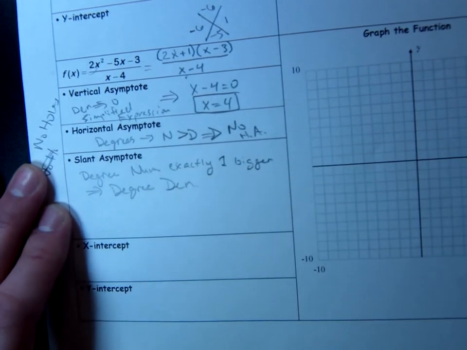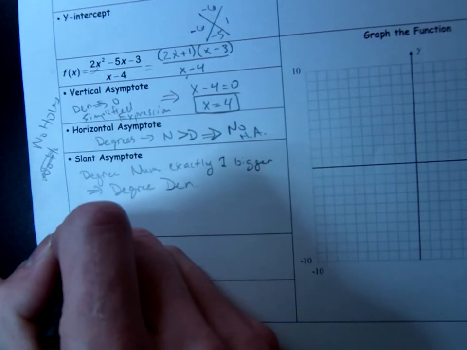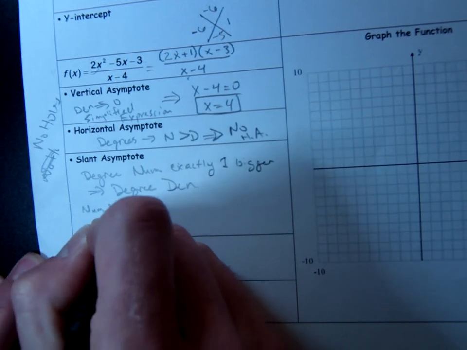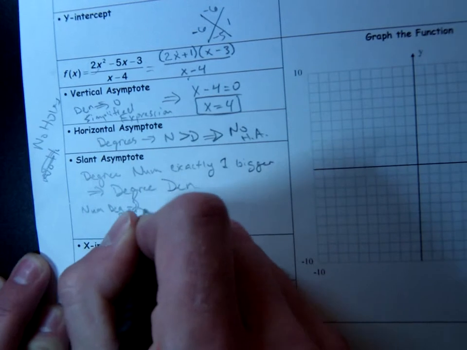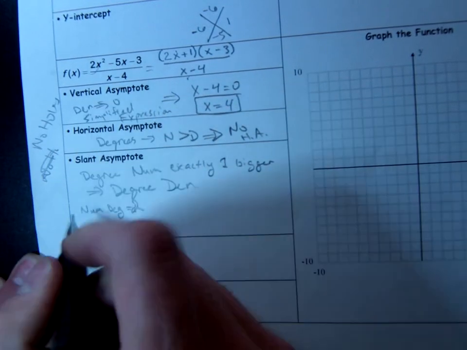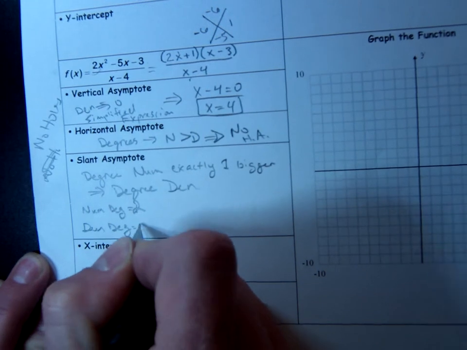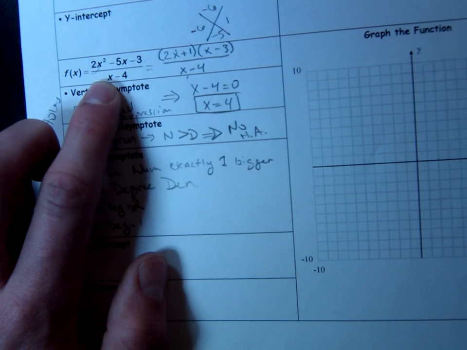Well, we can check to see if that's true. The degree of our numerator is, I'm sorry, 2. Okay, it's to the second power. And then the denominator degree is 1. X is to the first power.